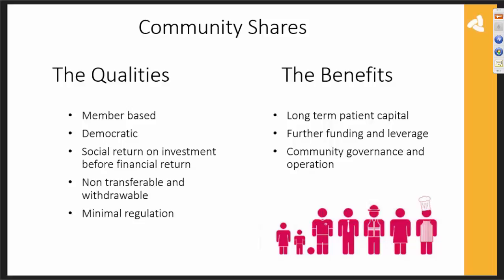It truly creates that idea of great community operation and great community ownership. So yeah, I hope that was quick enough. I'm not sure about time, but I'll just hand over to Kelly for the next couple of slides.